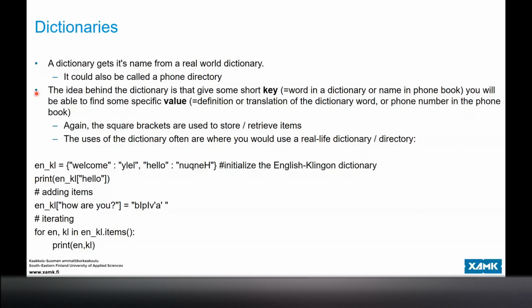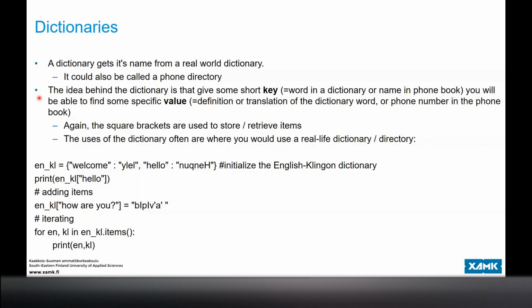Rather than being a list of things, a collection of things, it's a collection of things with specific keys that help you retrieve those things or items. So you have some sort of short key, a word in a dictionary or a name in a phone book, for example, that help you find some specific values.